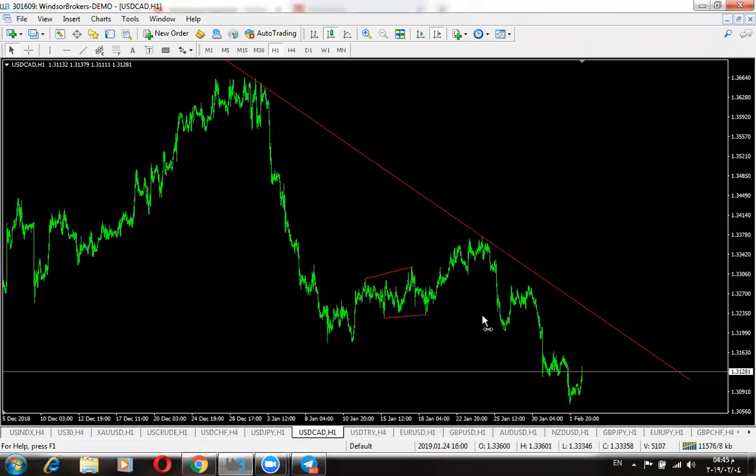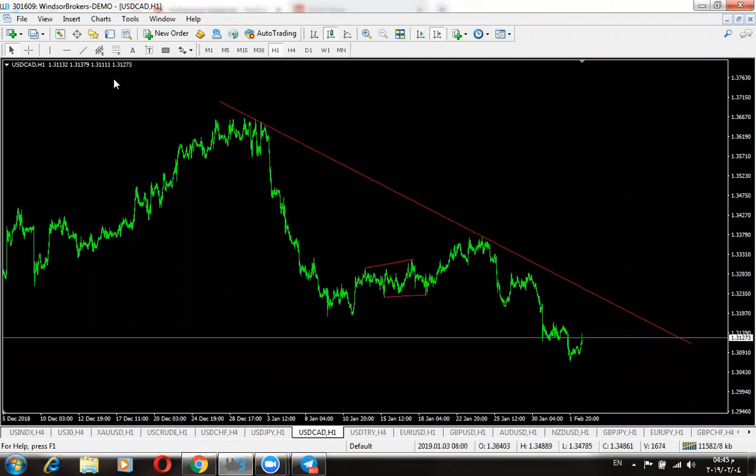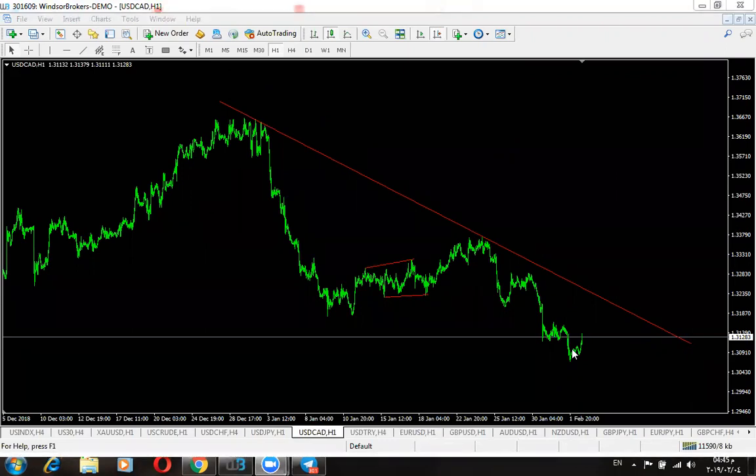Okay, this is the CAD. I'm expecting the price to make another push to the downside actually, because the price should not end at this shape. It's ABC, ABC.